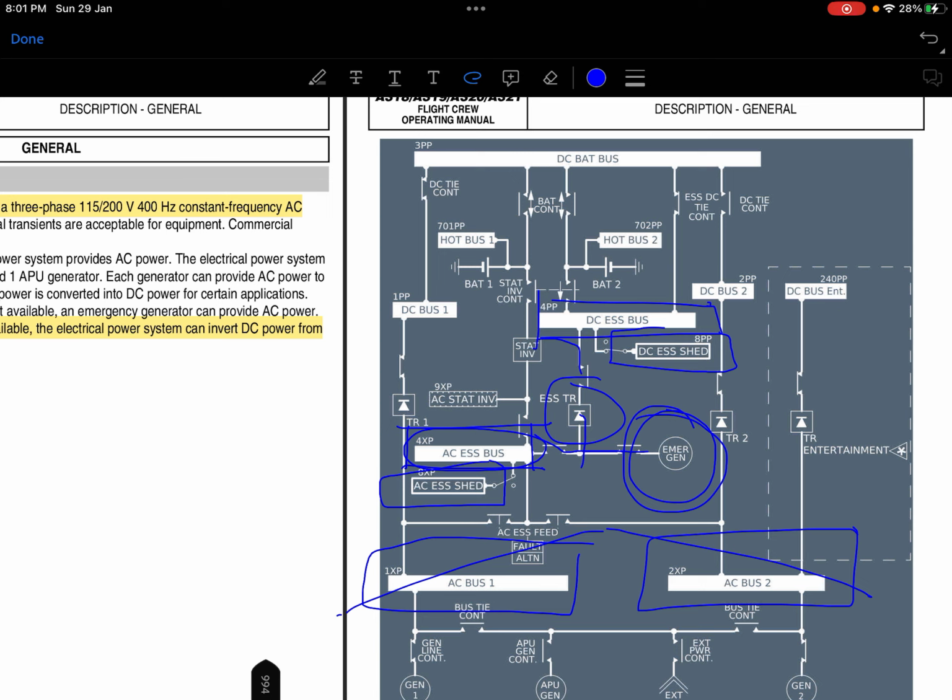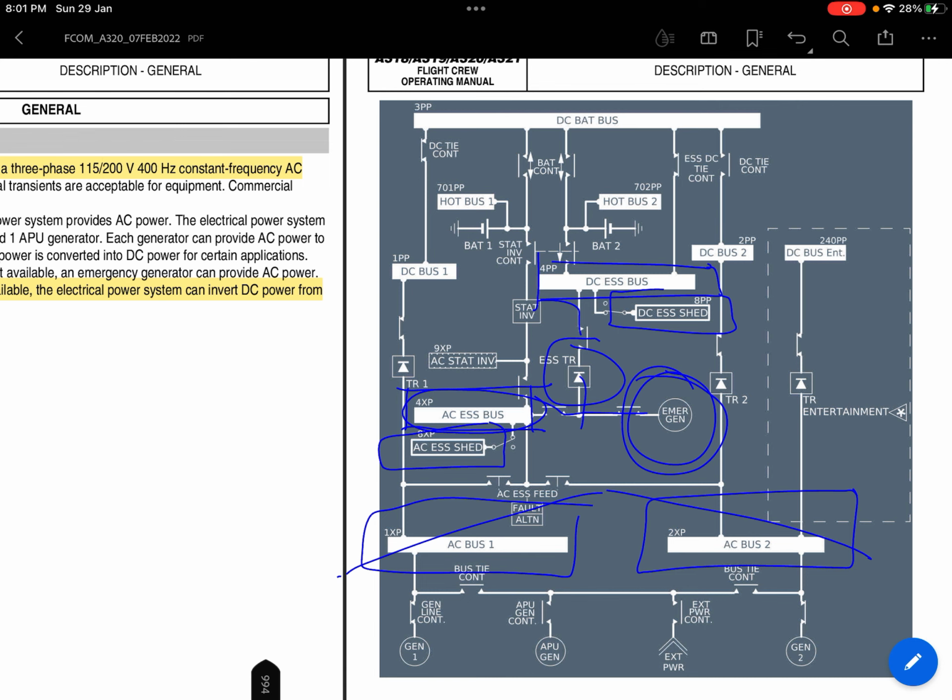I will clear one more question here. You will be facing this question somewhere else also. Let's say the batteries are the only source.